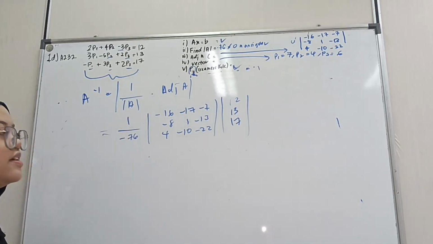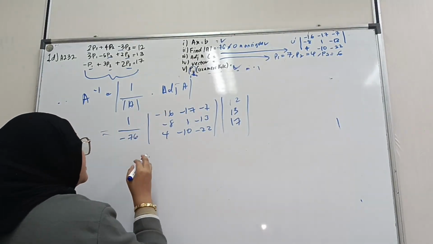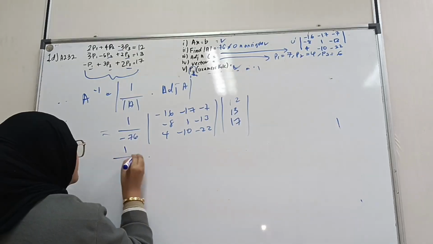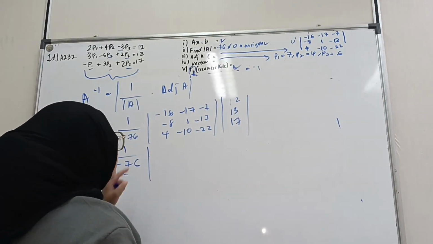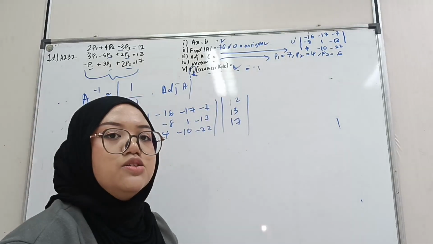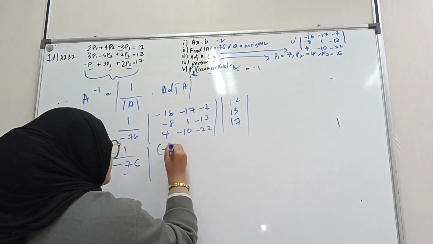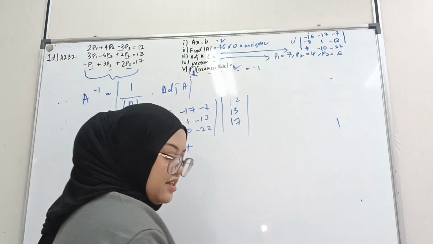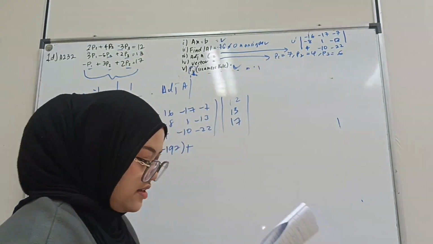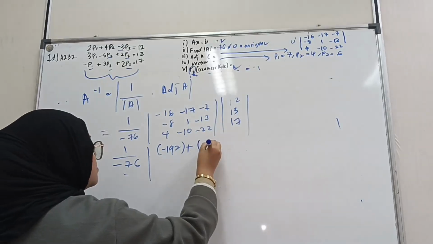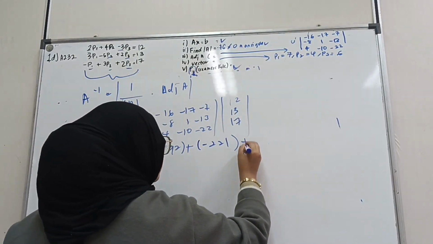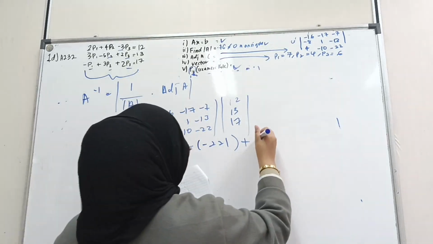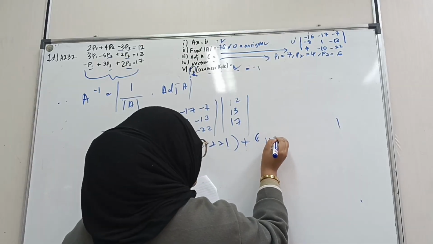How are we going to solve it? We multiply the row and the line, which is negative 60 multiply 12. We get negative 720 plus negative 60 multiply 15. We get minus 221, plus negative 7 multiply 70. We get 119.